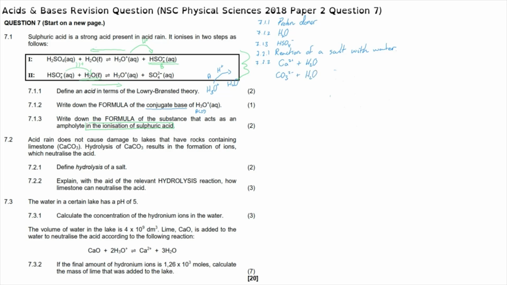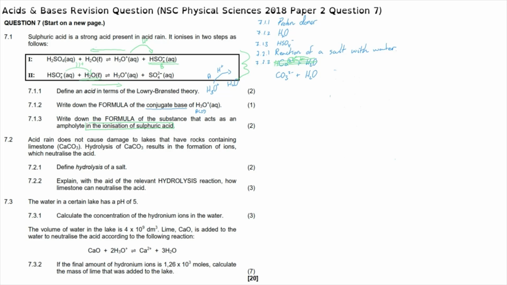What we can immediately see is that the reaction between calcium and water is not possible because calcium does not have a proton. It does not have a hydrogen ion that it can donate to water. And since calcium is positively charged, it is not going to be able to accept a hydrogen ion from water. So there is no reaction or no hydrolysis of calcium with water.